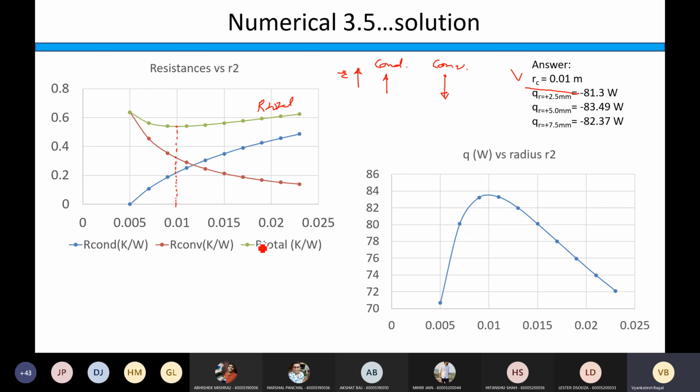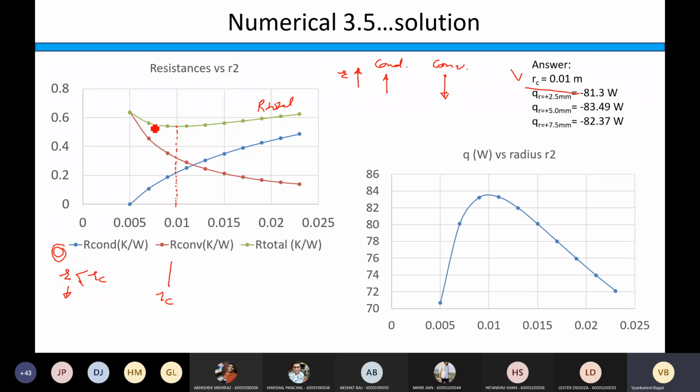So if your base radius is, let us say, this is your critical radius. If your base radius is less than critical radius, and if you go on adding the insulation, means you are increasing this R. This is your base radius. You go on increasing the thickness. What happens is the total resistance will decrease first.